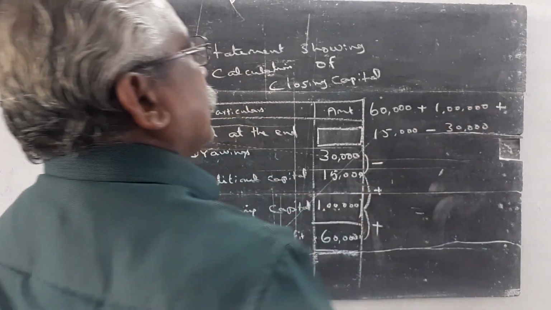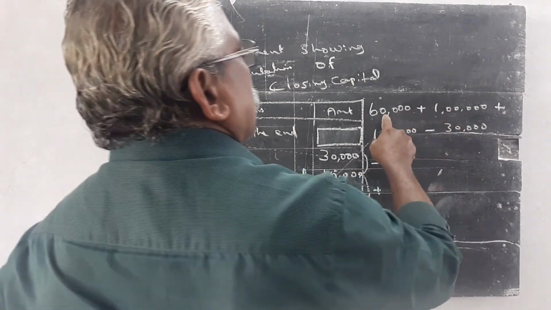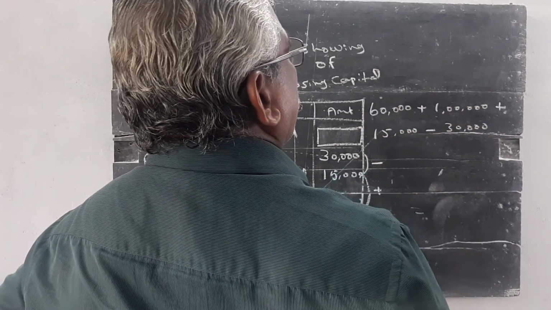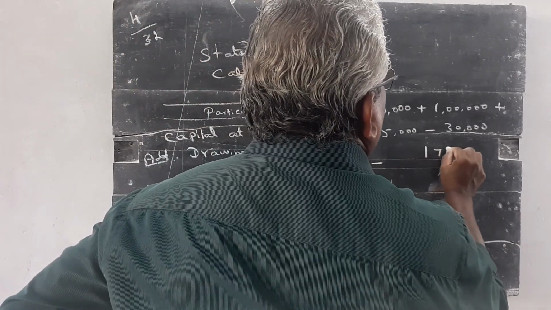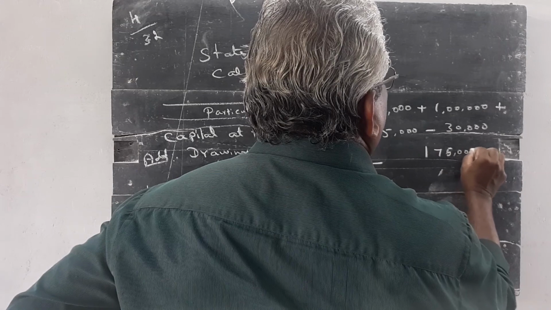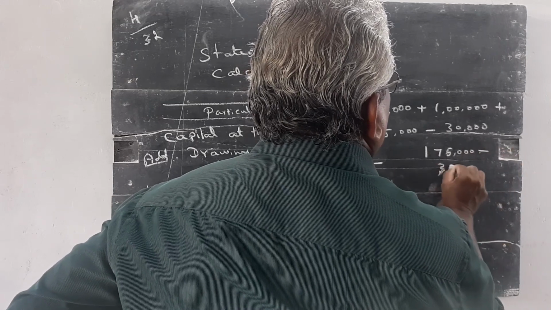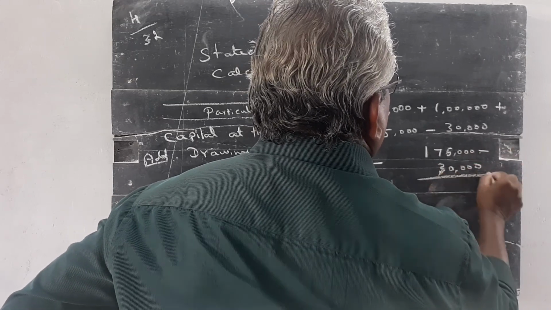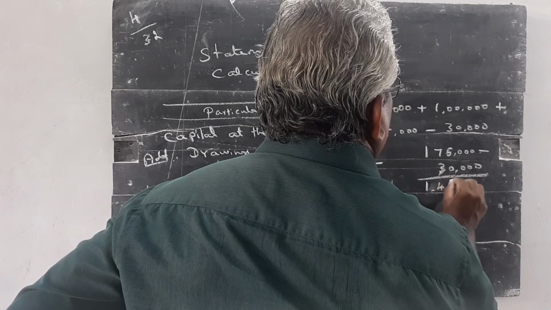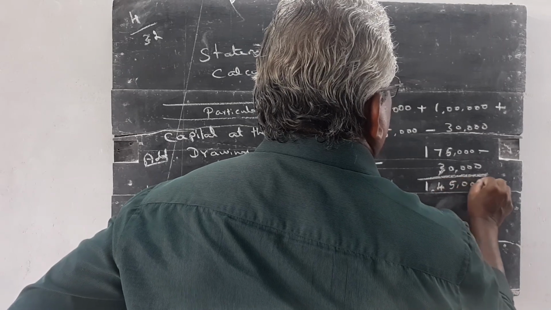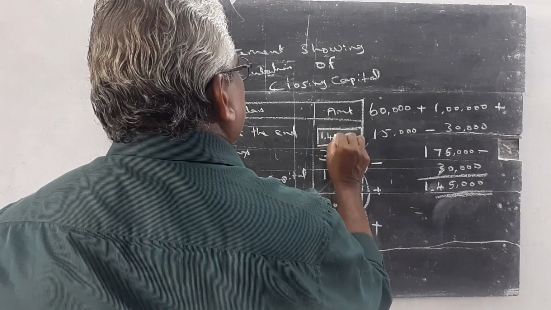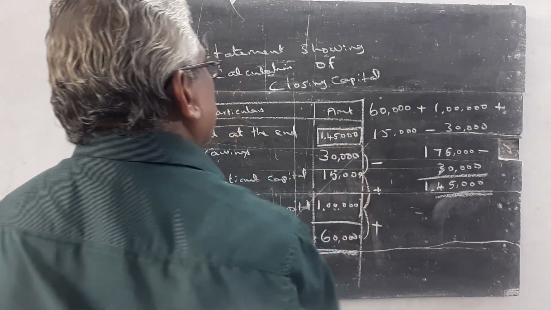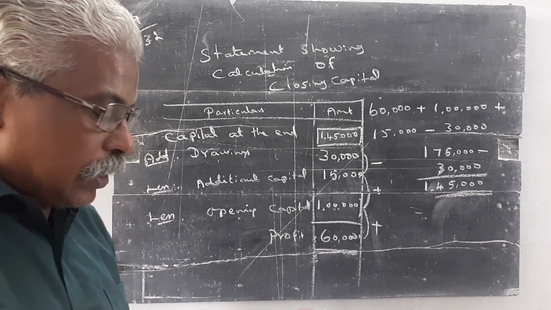So add all the items. 1 lakh plus 60,000 is 1,60,000, plus 15,000 is equal to 1,75,000, minus 30,000 is equal to 1,45,000. So the answer is 1,45,000. The answer is also given in your textbook.